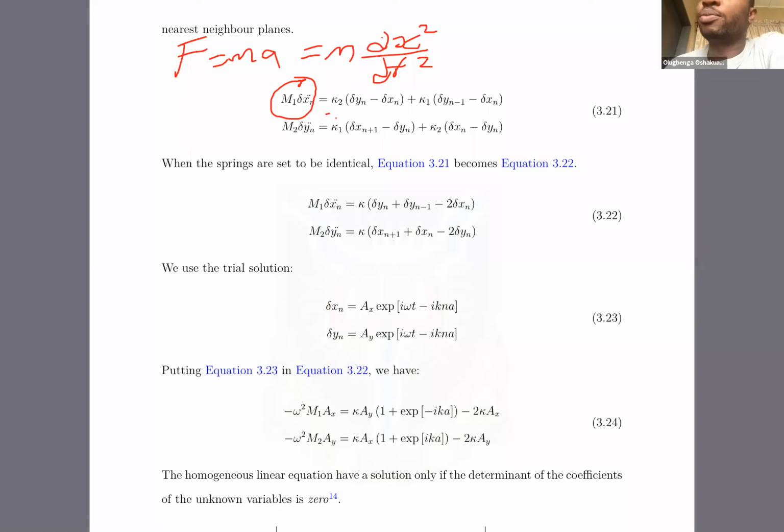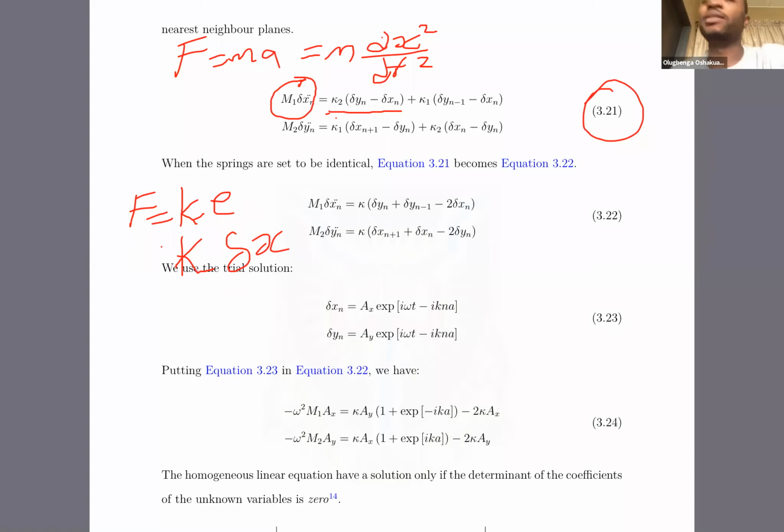Also going to Hooke's law, we can say F is equal to kappa times extension. What is extension? Extension is change in length, and when we are talking about change in length, we are talking about dx. So with the same method we used, this is equation 21.